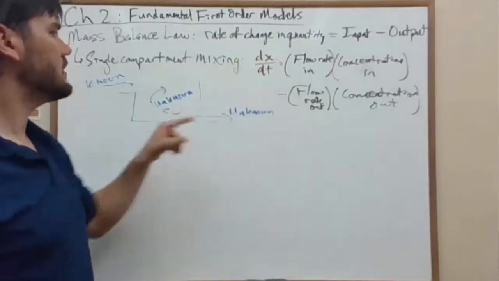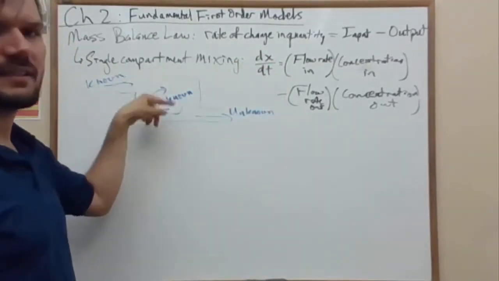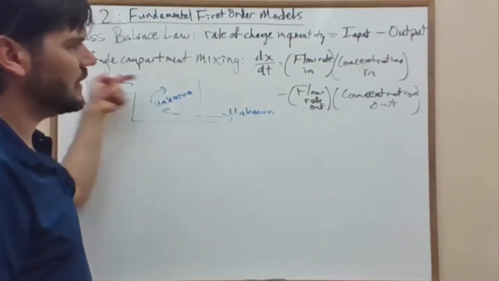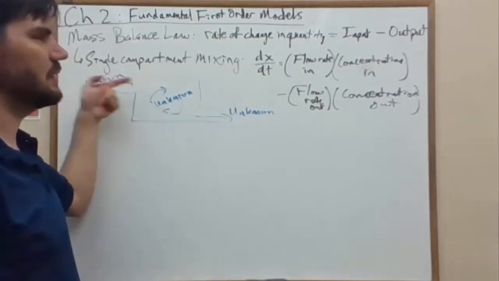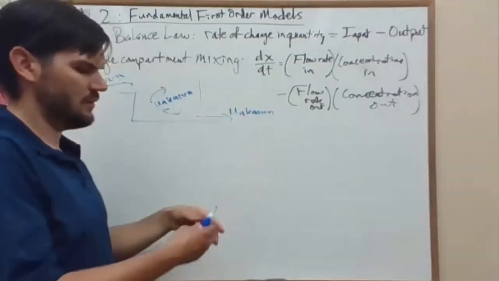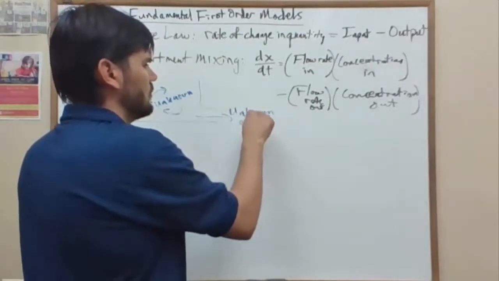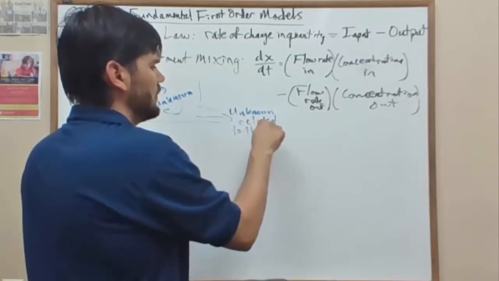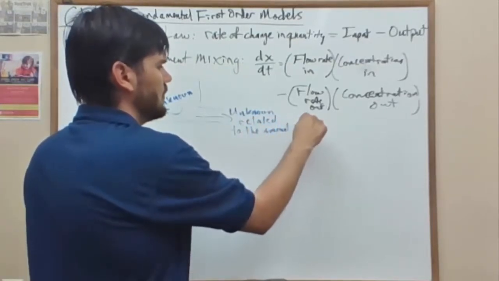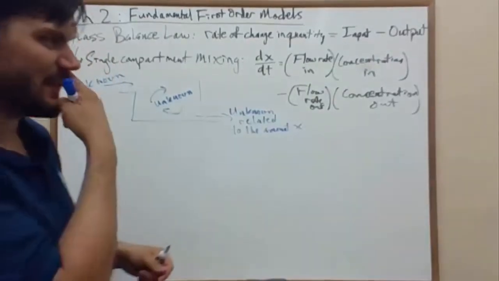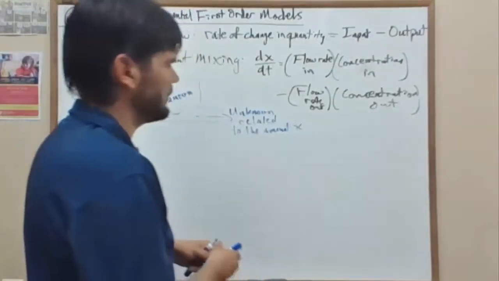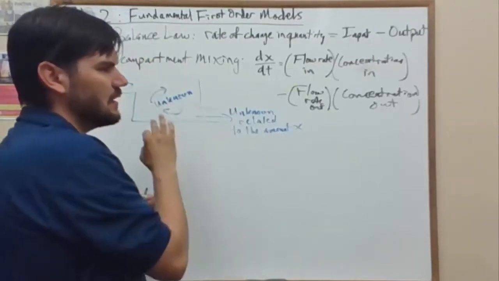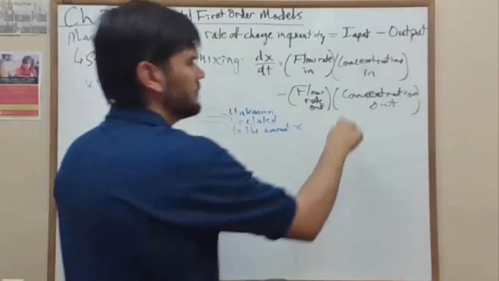And so the rate of change of the amount of material inside this tank that's being mixed changes based upon a constant or a known input, but an unknown output related to the amount X. Because the concentration out is going to be the amount X on the inside divided by the volume.